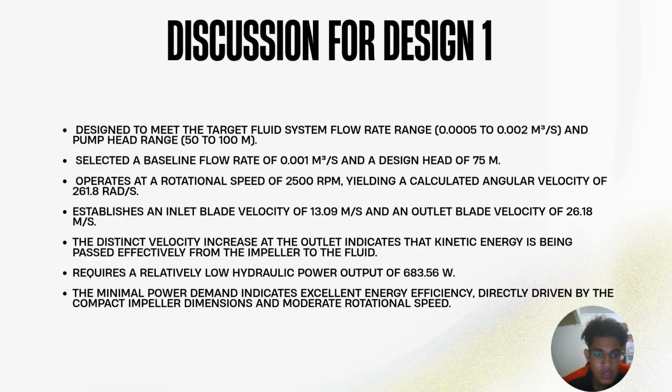As the velocity increases, the outlet indicates that kinetic energy is being passed effectively from the impeller to the fluid, with a relatively low hydraulic power output of 680.56 watt.